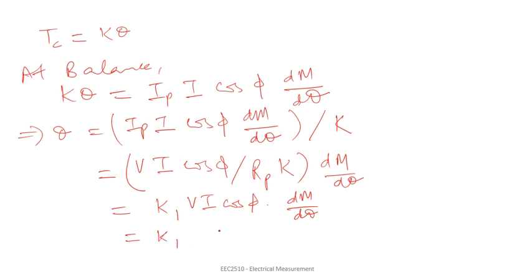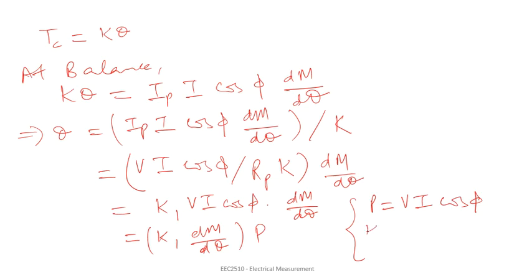We can simplify this expression further as k1 multiplied by dM over d theta multiplied by P, where P is the power being measured, Vi cos phi, and k1 is 1 over Rp k.